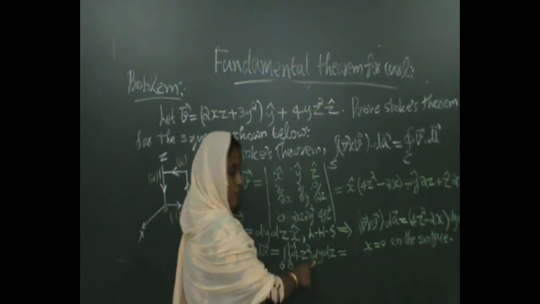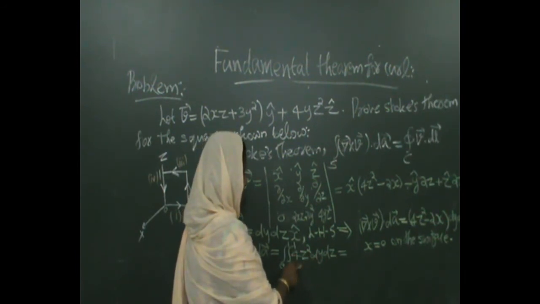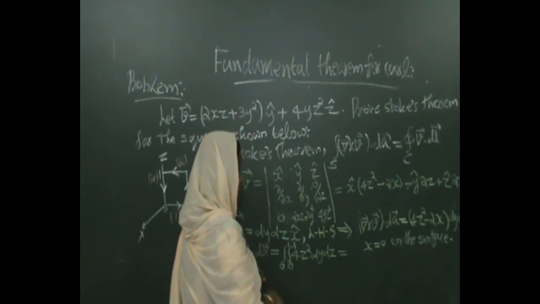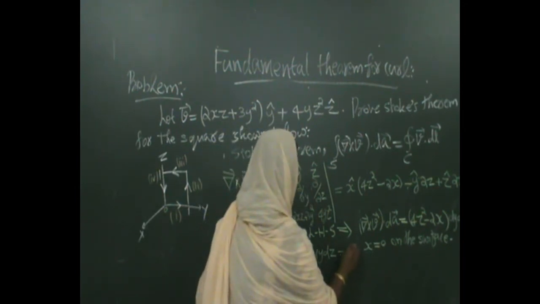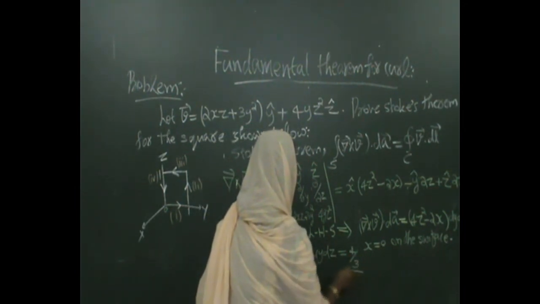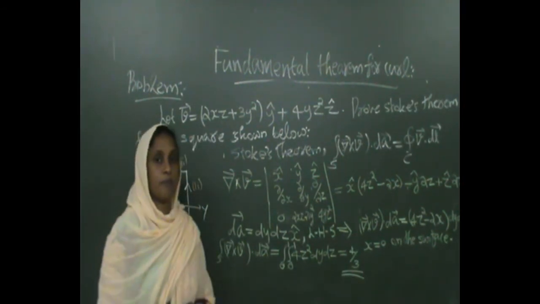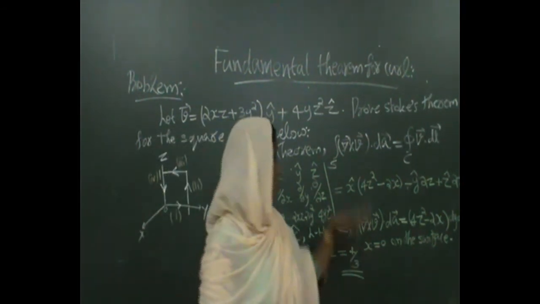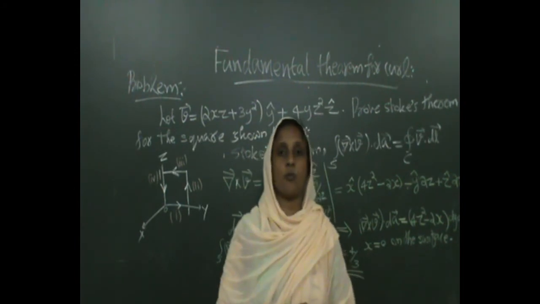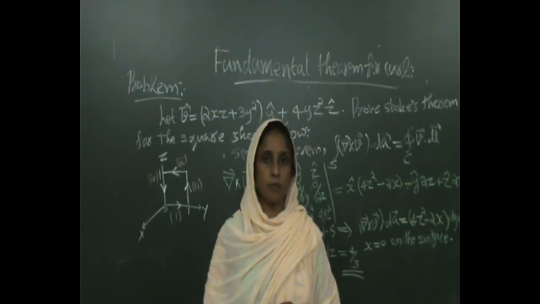Integration over y gives 1, and integration over z² gives z³ by 3. So 4 by 3. The LHS gives 4 by 3.